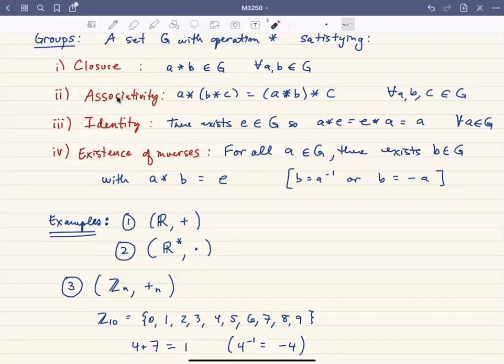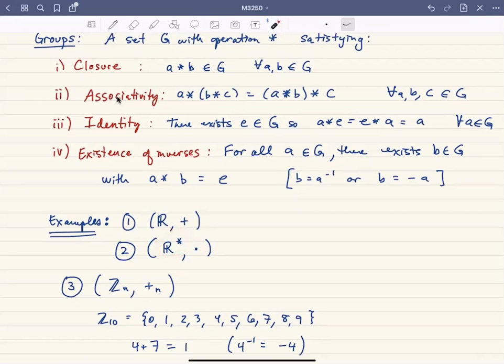If you think about the multiplicative group of real numbers, then the identity element is just 1, because if you take any non-zero real number and multiply by 1, you get the number that you started with. And finally, the reason why we need to exclude 0 is so that everything has an inverse. That's the main reason we needed to exclude 0 there: so that every element has an inverse.